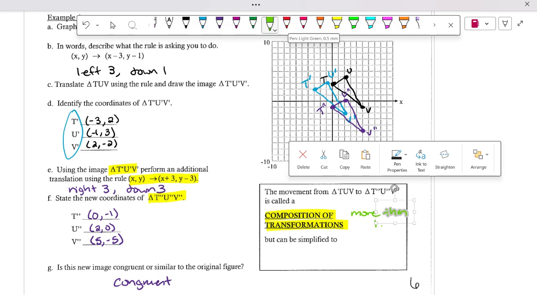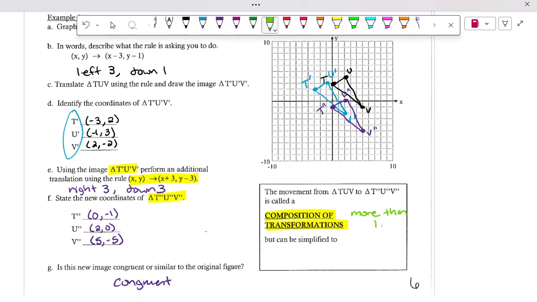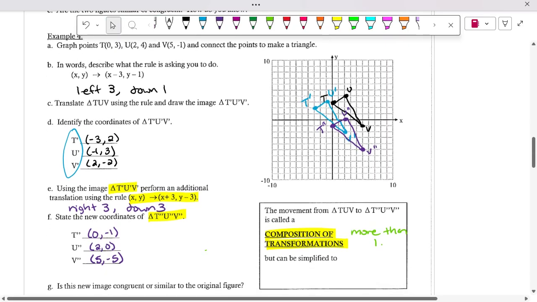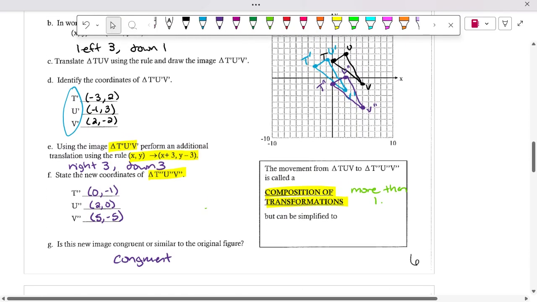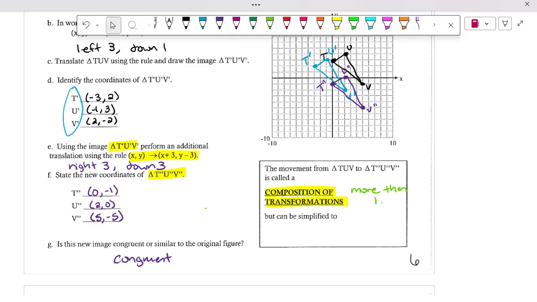Did I graph that on the wrong line? No, I didn't. So it'd be down 4, and it actually didn't shift right or left from the original. It went back to its original setting. So all it did was go down 4.